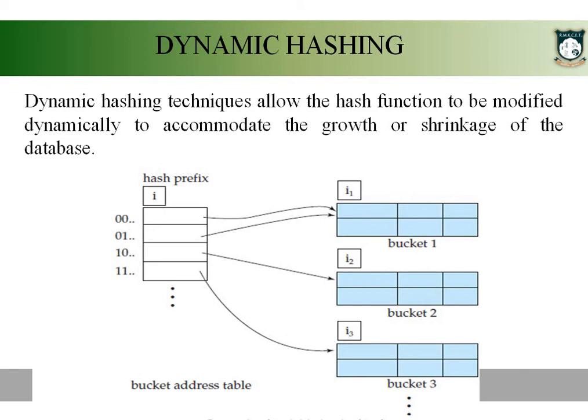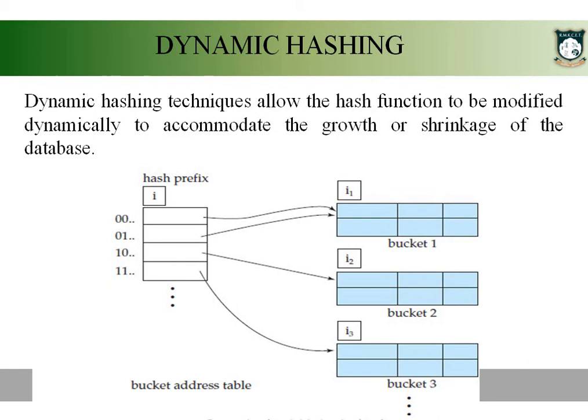So 2 power 0 means 1, so you will have 1 bucket initially. Once the bucket fills or overflows, you increase the hash prefix to 1. Once the hash prefix is 1, you will have 2 power 1 buckets, which is 2. Now you have 2 buckets, and you can keep on storing the records.